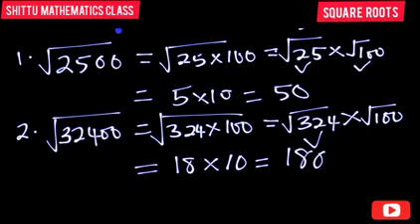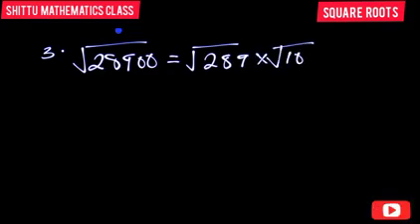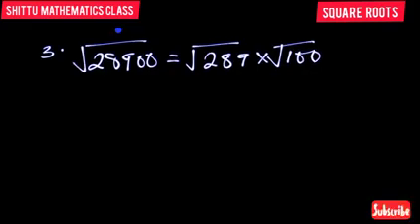So now we go further to the next one, which is the third one, number 3. We have the square root of 28,900. So the same thing we did from the previous examples. We have 289 split into 289 and 100, because we are having double zero, that is 2 zeros at the back, that's why it is 100.